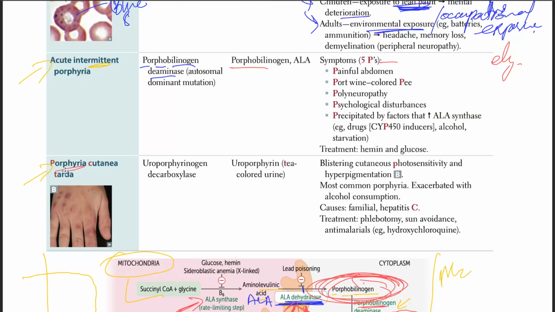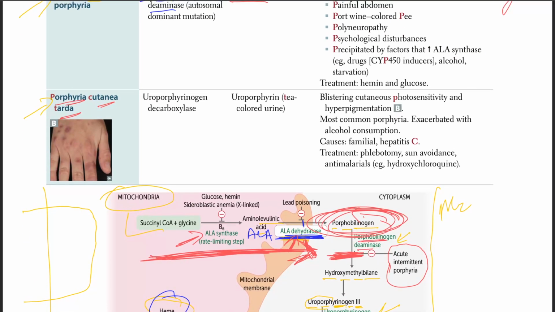Let's talk about Porphyria Cutanea Tarda. Let me erase some of this so there's less junk here. Let's just change color.